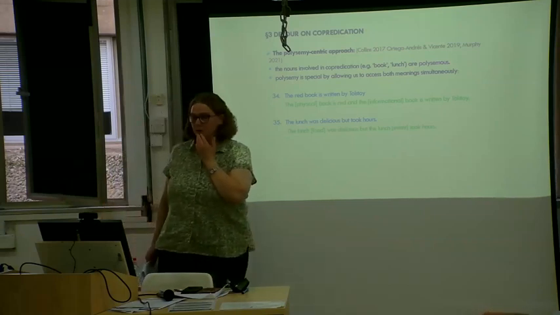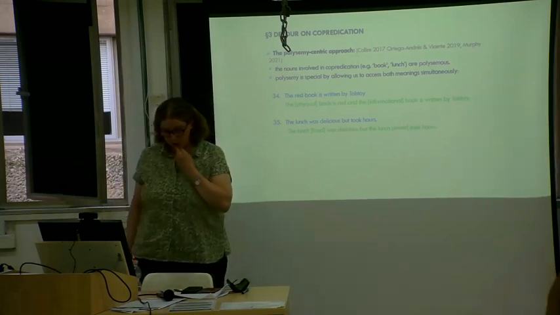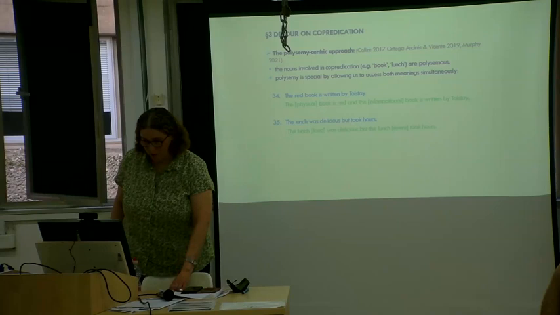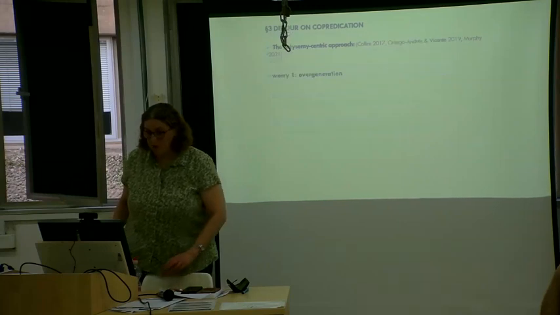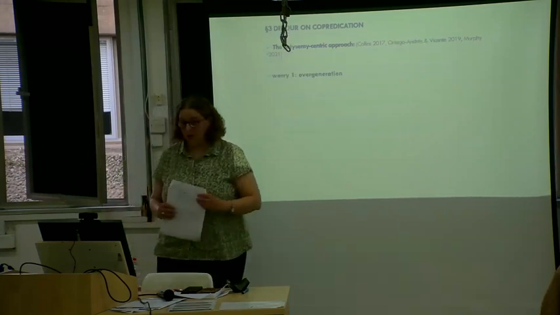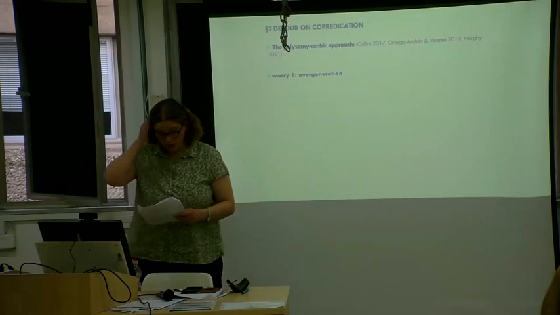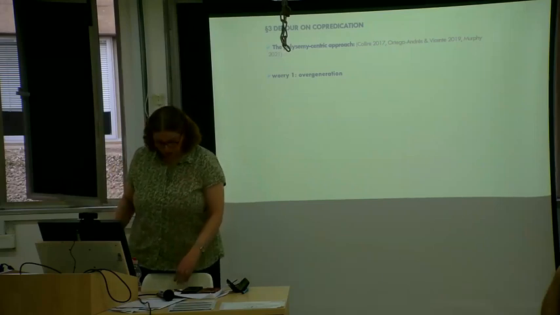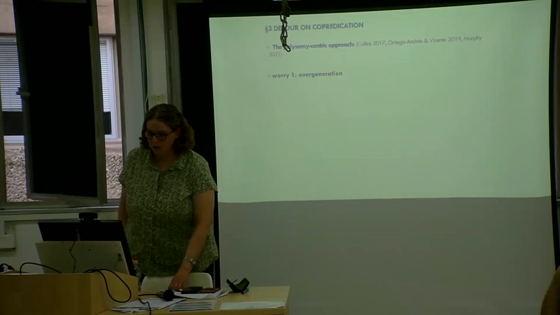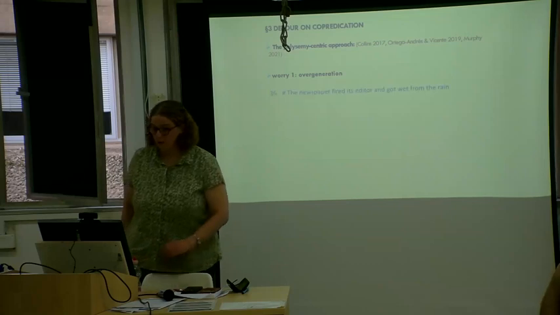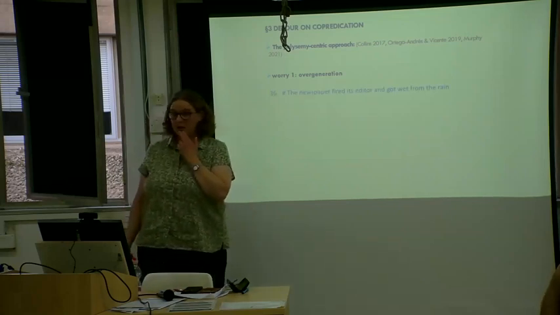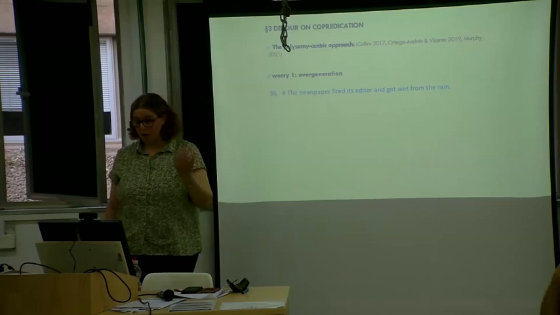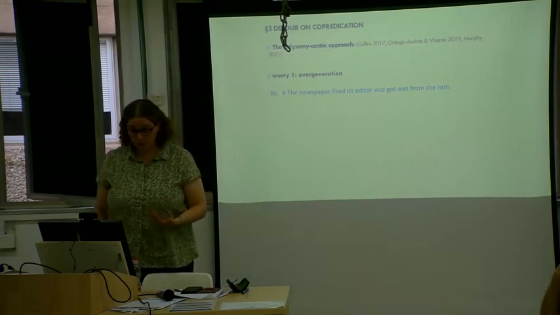Okay, so there are a bunch of problems with this approach. I'm just going to mention a few of them. Here's one problem. This approach overgenerates. Actually, we already saw that it overgenerates with this data from Haber. Remember that case of the newspaper fired its editor and got wet from the rain.